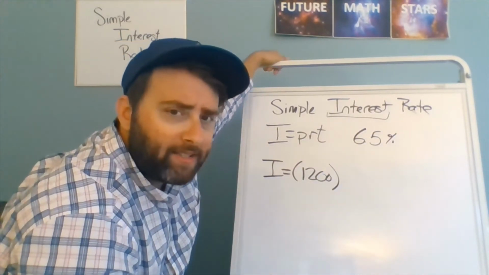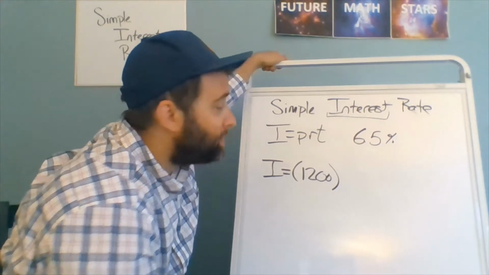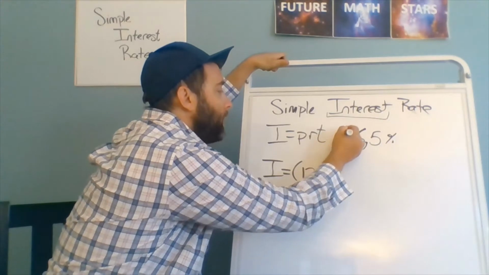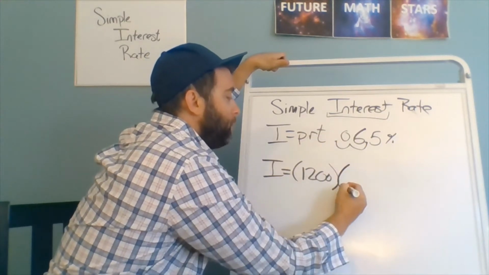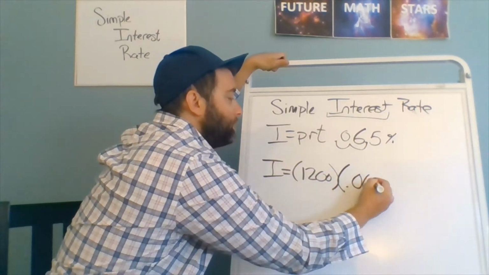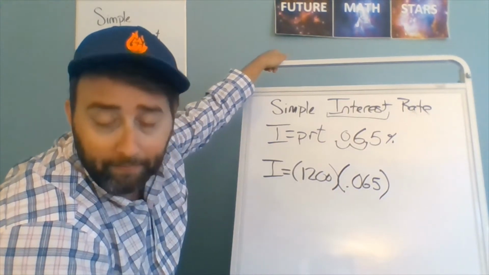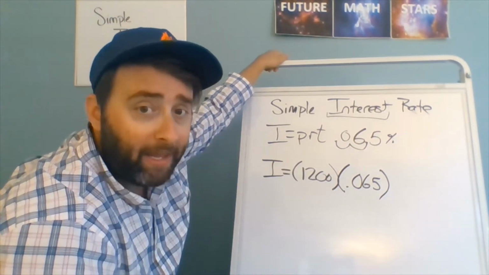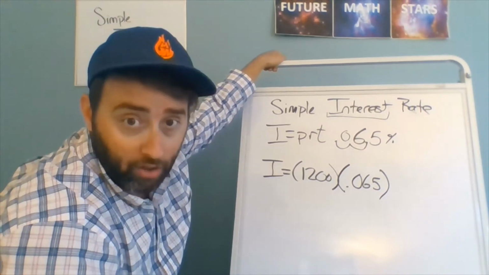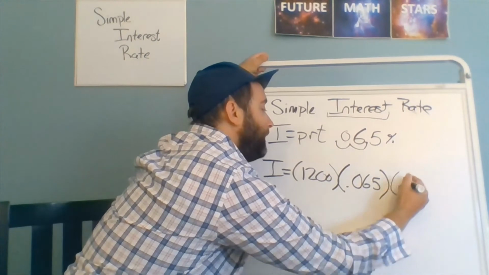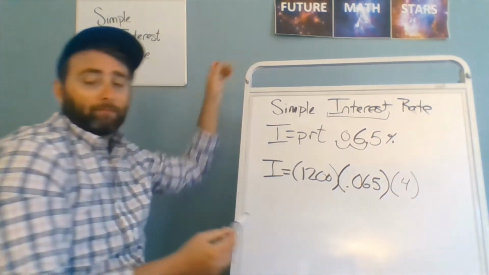Now, what is 6.5% as a decimal? Let's slide that point over 2 times. 0.065. Lastly, all of these examples today are going to be in 4-year terms. So last part here is times 4.